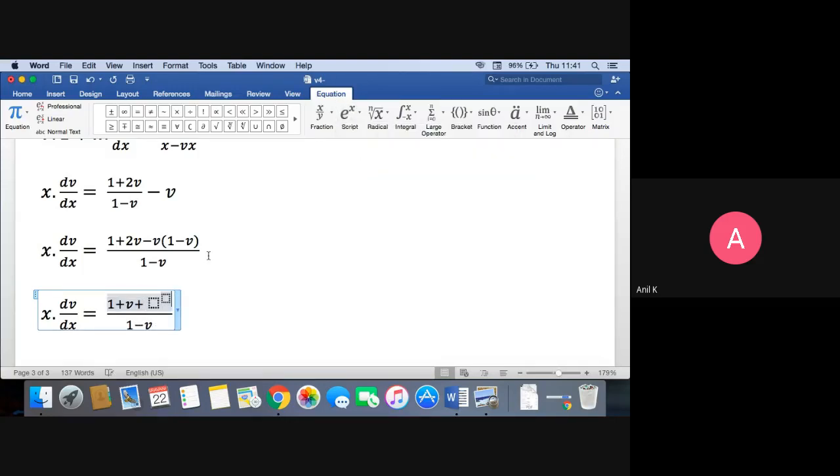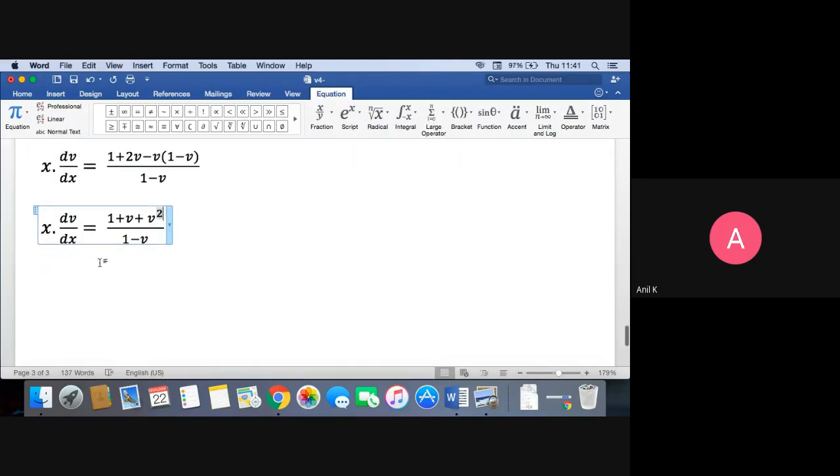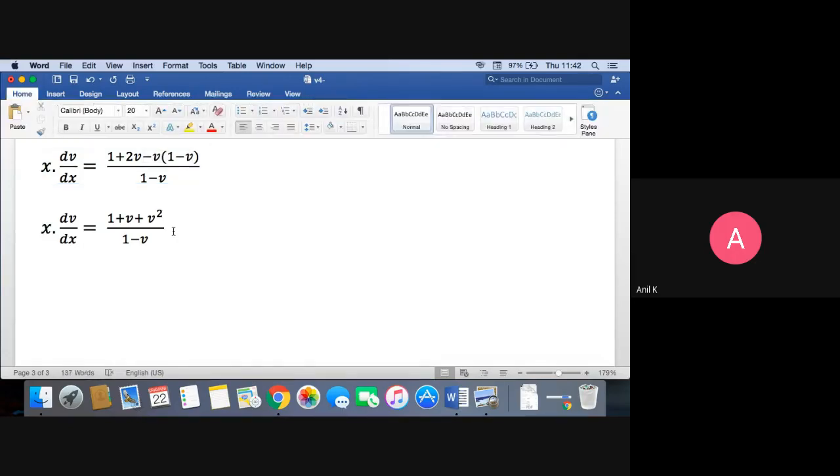You can cross check whether it is right or wrong. Because this bracket will be open, minus v into 1 is minus v, minus v into minus v will be plus v square.